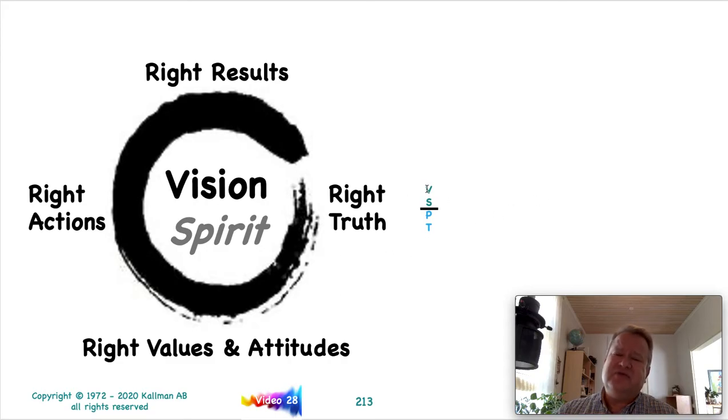And right truth also impacts the individual's vision, strategy. Are they the right person in the tasks that they do? And so, vision, the individual's vision, is at the core and is linked to all four of these.